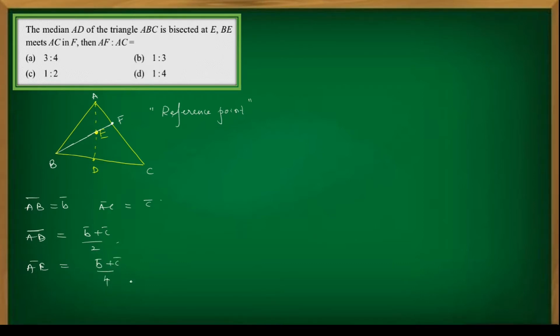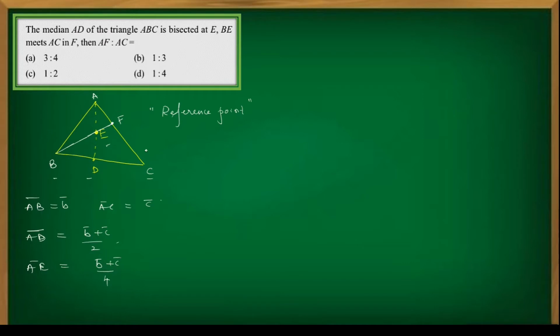So we got now almost all the position vectors. Now F we don't know. Let us suppose the position vector of F is F bar, something. You can write AF directly if you want. Now we know B, we know D, we know C, we know E, and A means 0 bar only. Position vector of A means what? AA bar. AA bar is 0 bar. Now F, let us suppose AF.